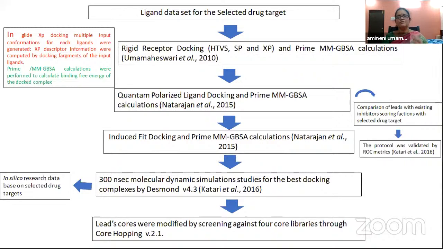If we get decoys separately and active molecules separately, and where the lead molecule is positioned is also considered, then we propose the lead molecules. So this is the overall story. These novel molecules will be generated by using the core hopping method.